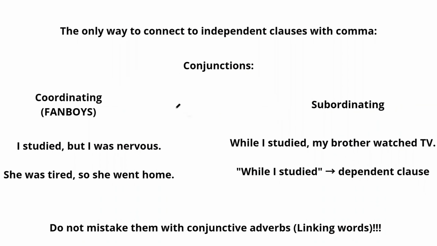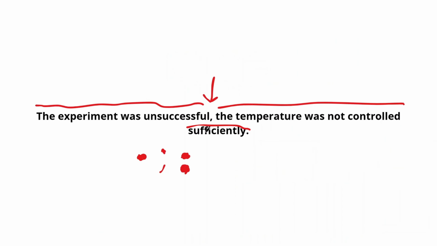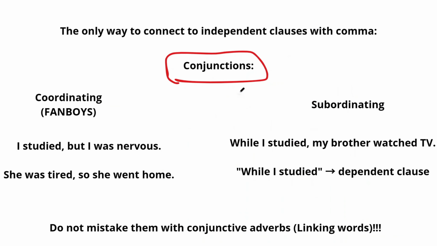But you can also change the clauses with conjunctions. In this example, we changed the punctuation, but we can make this sentence correct without changing the punctuation, by changing the clauses themselves. We can use coordinating conjunctions, which you have probably heard about, the famous FANBOYS.